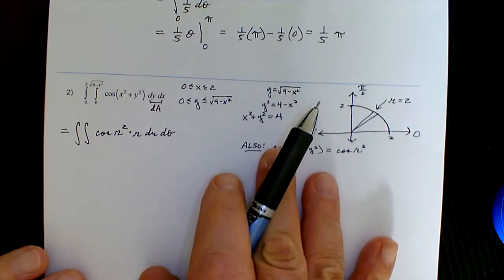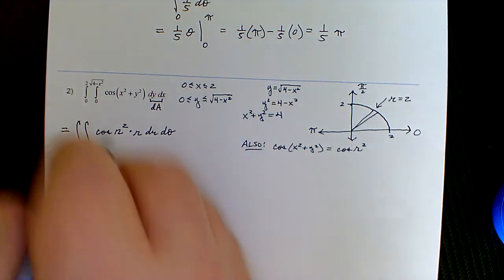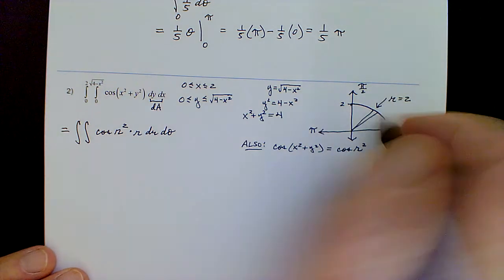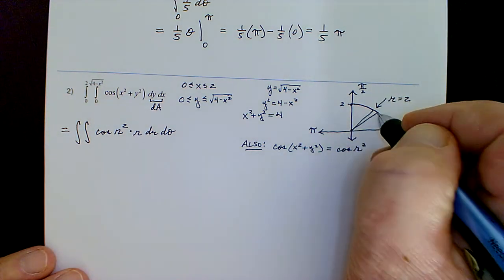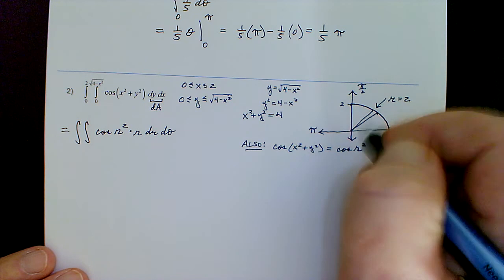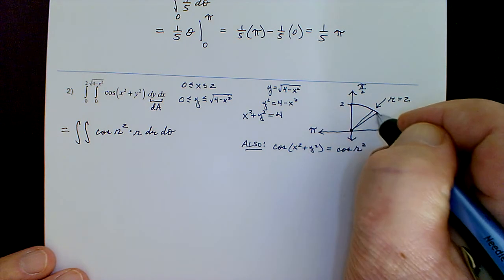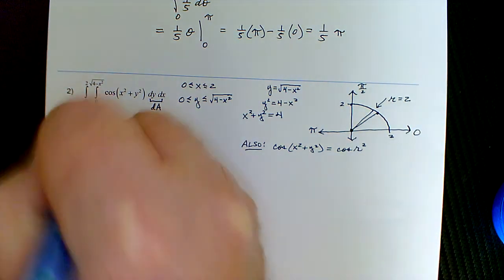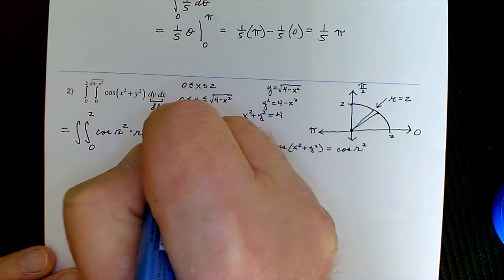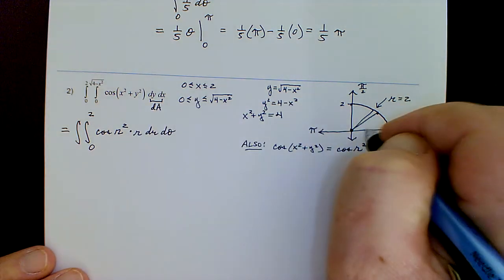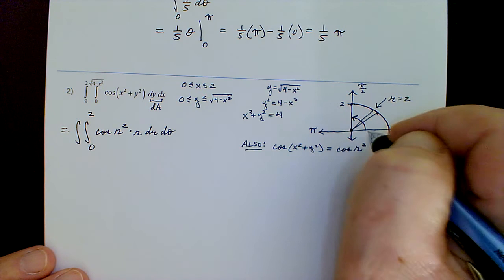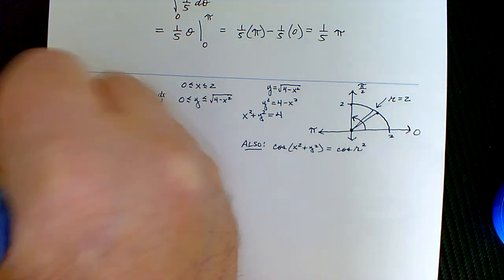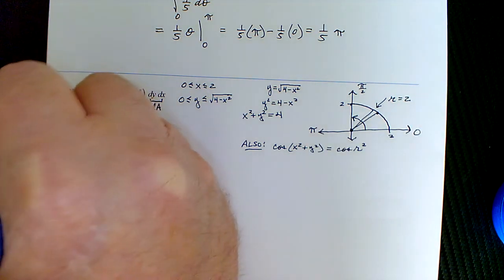Okay, now the limits. What should the limits be? Well, with respect to r, we're going from 0 to this radius of 2. Okay, so 0 to 2 for r. And then with respect to theta, we're just sweeping through this angle. Okay, so that's from 0 to pi over 2.